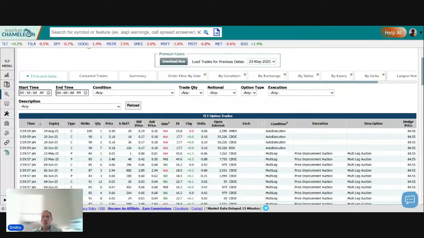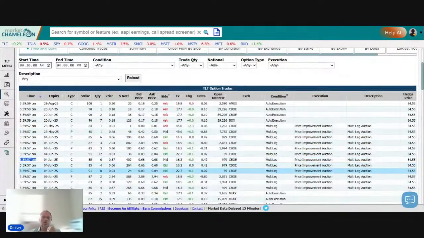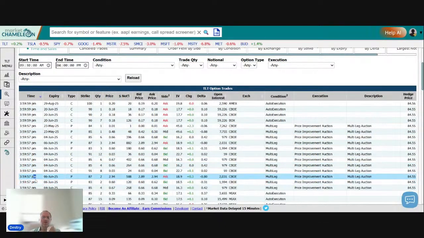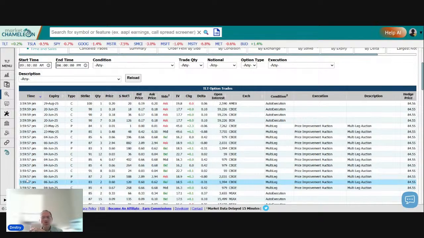So let's go over some of the elements here on this time and sales, and then we'll discuss the importance of it. The first column you see is the time of the transaction, right? So all these are ordered in time, and this allows you to analyze the trades based on the sequence of their reporting.